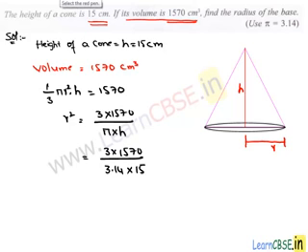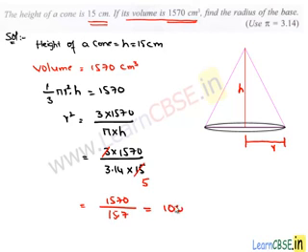Here numerator and denominator 3 goes in 15 5 times, and on numerator we have 1570 and the product in denominator is 15.7, and on cancellation we get 100.